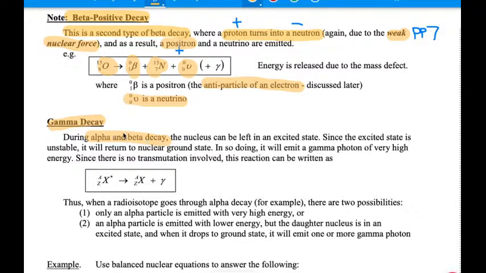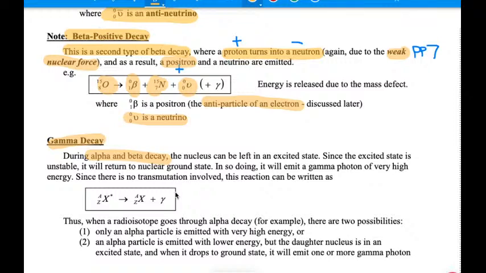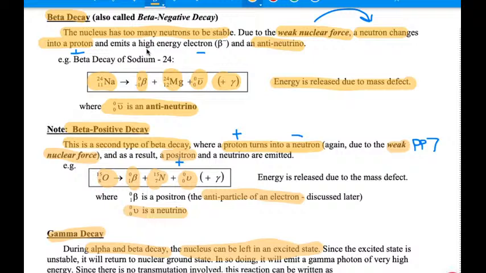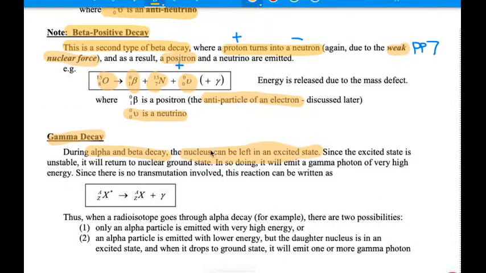When we undergo these first two types of decay, or three if you're considering positive beta decay to be one on its own, then the nucleus can be left in an excited state. Just like we can have excited electrons, right? Our high energy excited electron. We can also have an excited nucleus.